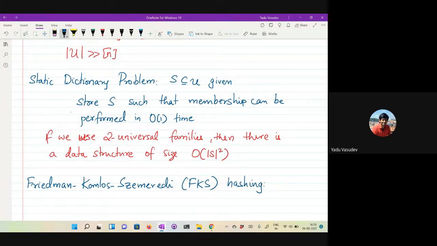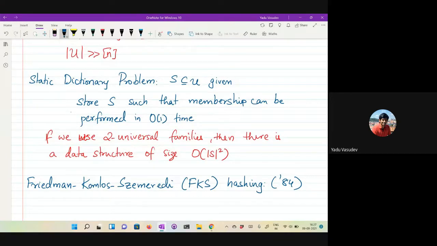It gives you a way to hash a set S, which is given beforehand, into a data structure which uses order cardinality S as size, from which you can do membership queries in order one time worst case. This is called FKS hashing. It's from the 80s.